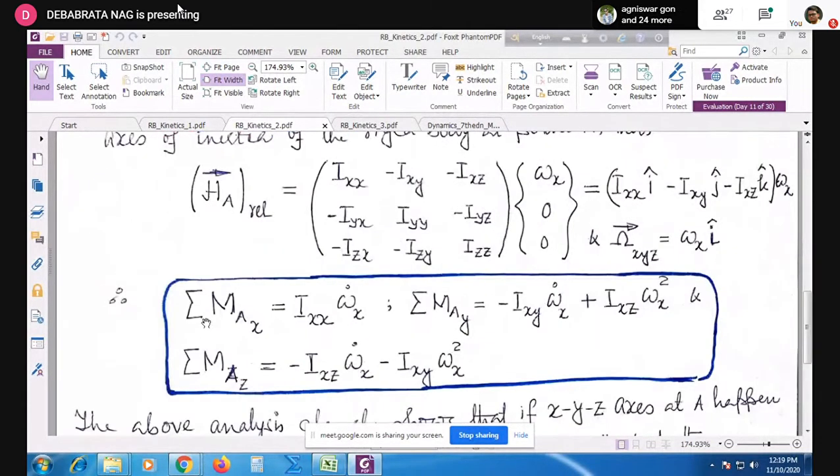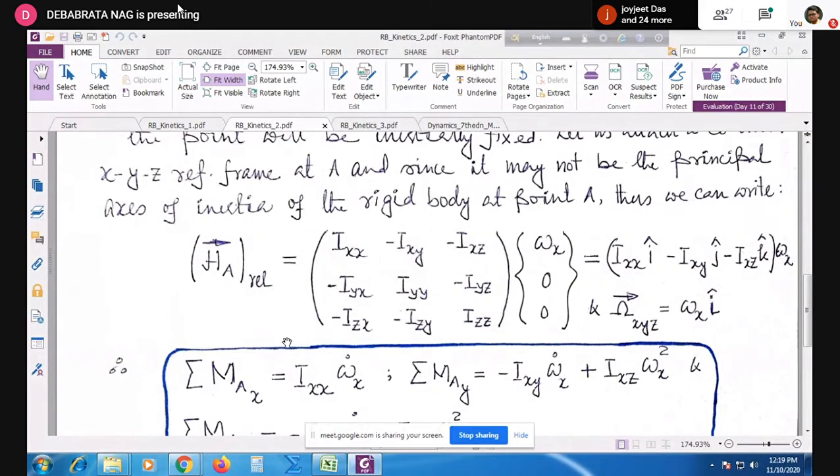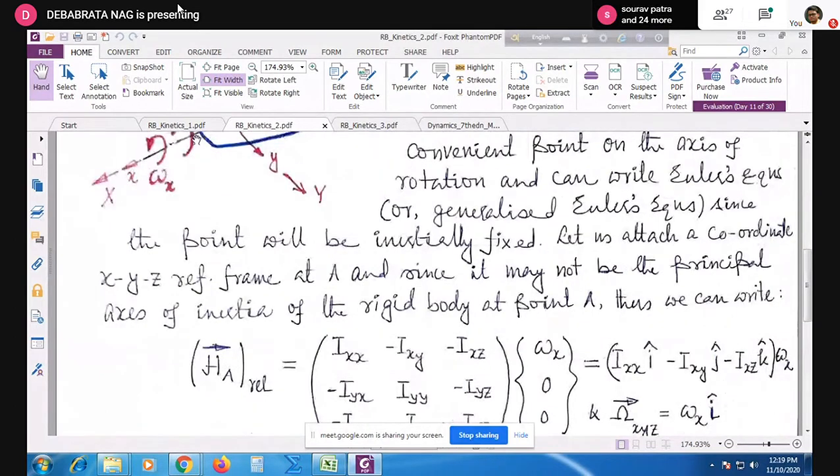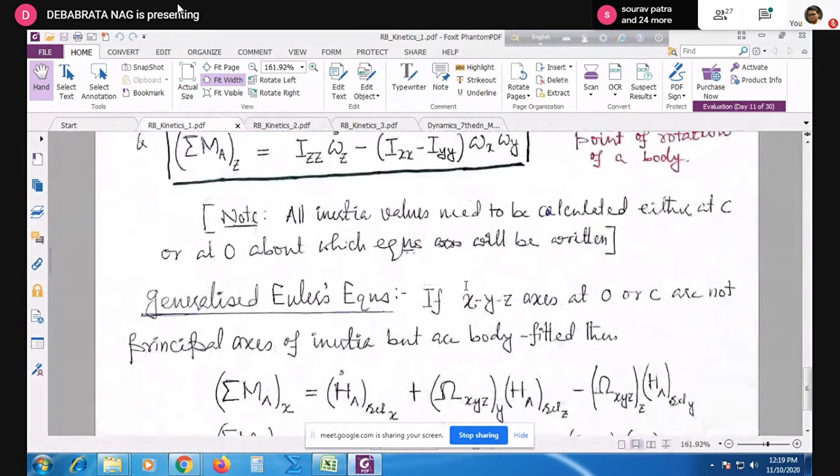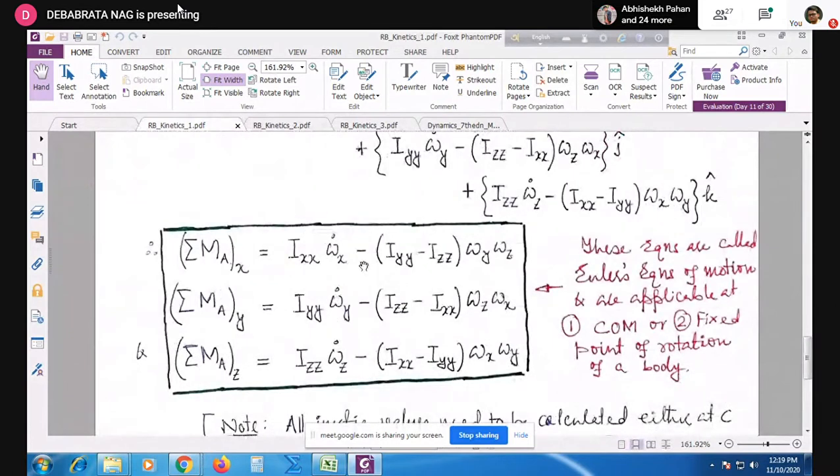Now one thing is pretty simple. If you carefully look at these equations, you'll see that Euler's equation can be remembered very easily, because there is an inherent periodicity or inherent symmetry in Euler's equation.